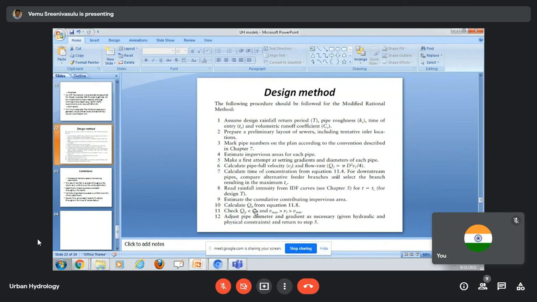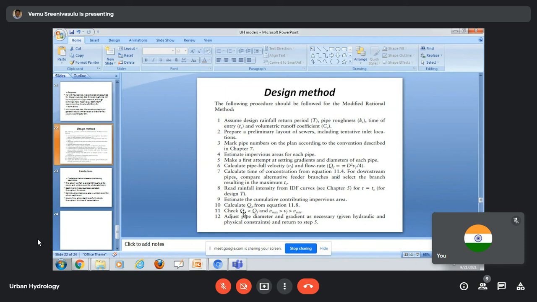So QF is what? The maximum discharge the pipe can carry. Then overland flow is Q. This should be less than this one. So therefore it can safely go into the pipe. If this value is more than QF, the capacity of the pipe is not able to carry the full discharge.